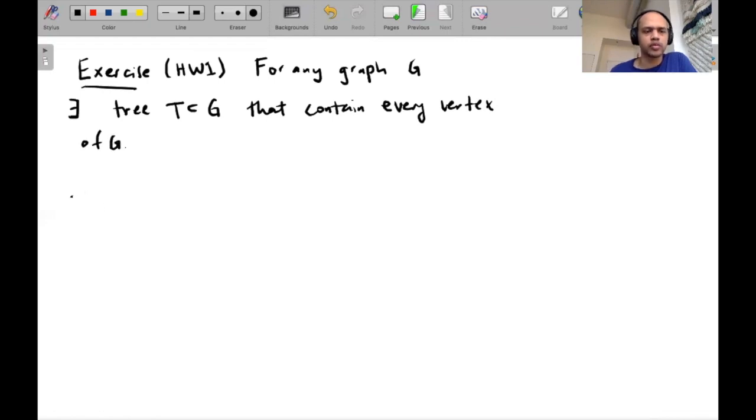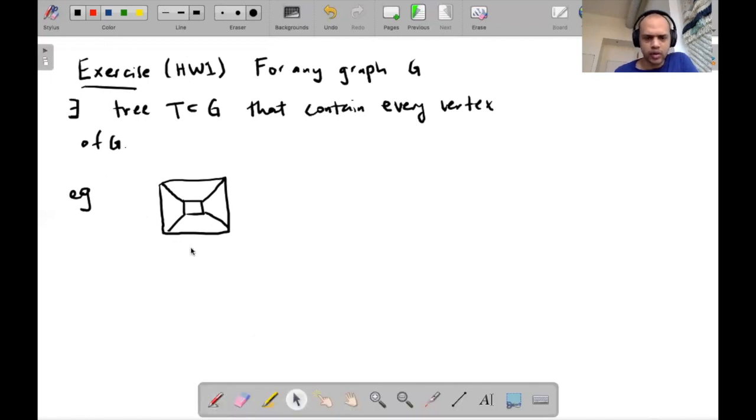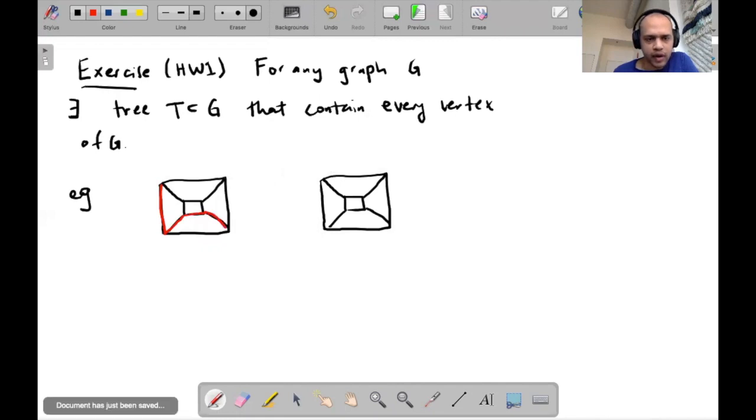So for example, take this graph from before. And actually, before I draw any more on it, let me double it. I'm going to want a second copy. So the claim is just that there's some subgraph, which is a tree, doesn't have any loops, and it visits every vertex.